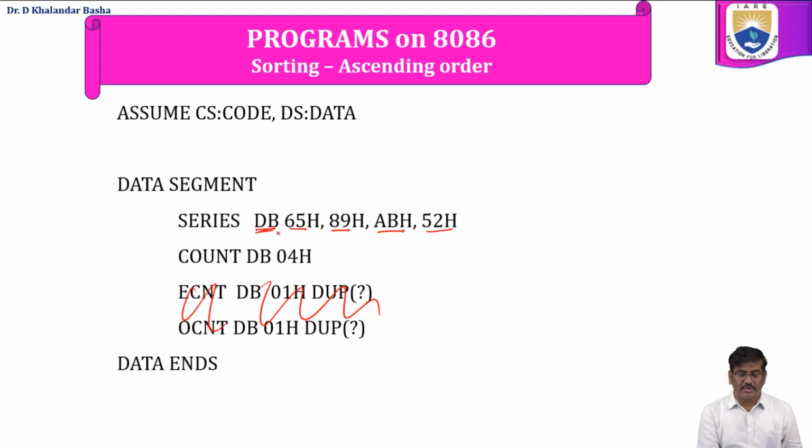Here the values are 4 in number, so the count is placed as 04H. In this sorting, once the program has sorted, the sorted values again exist in the same memory locations, so we are not going to have target locations. Then we end the data segment.